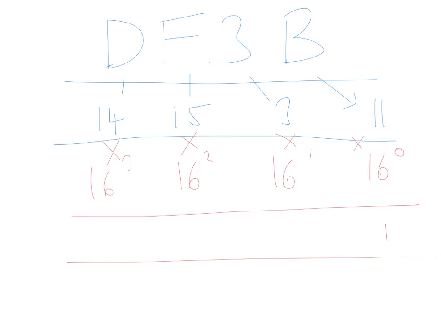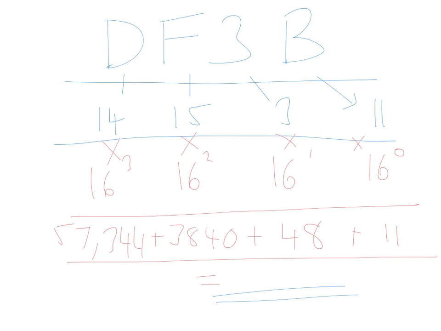So this will be 11 plus 3 times 16, 48. 16, so 256 times by 15 gives us 3840. And 4096 times 14 gives us 57344.